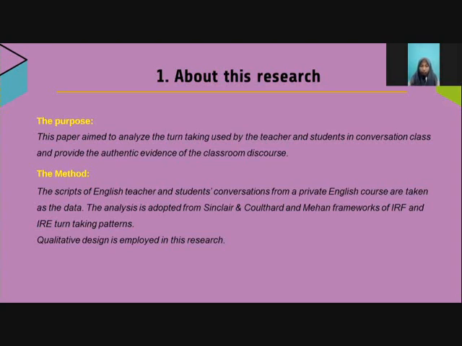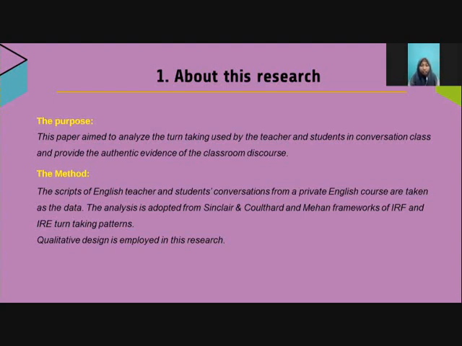As we know, turn-taking is included in discourse, and discourse is really important for the English teacher to understand. The knowledge of discourse will help the teacher employ the materials to achieve the learning goals effectively in the classroom.